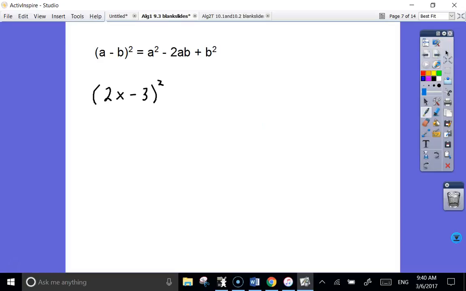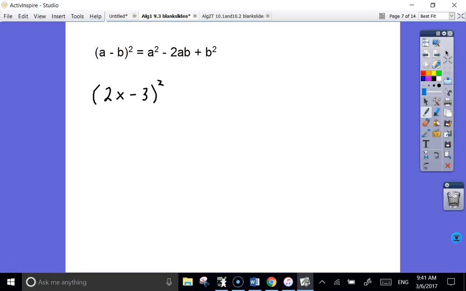It's going to be a minus b squared should be a squared minus 2 times the inner product plus b squared. So in this problem here, which is the a and which is the b? A is 2x, b is negative 3. So if you could just replace, actually, b is actually 3. It's not negative 3 because the minus is part of the formula.